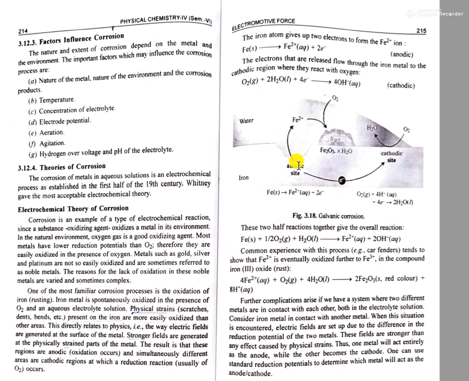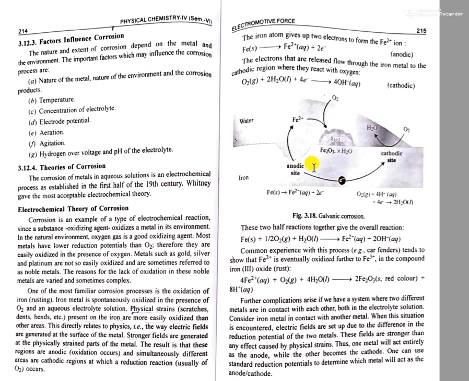So the resultant electrons from this anodic site will reach the cathodic site, and at the cathodic site the atmospheric oxygen and water moisture will combine to form the OH minus ions.